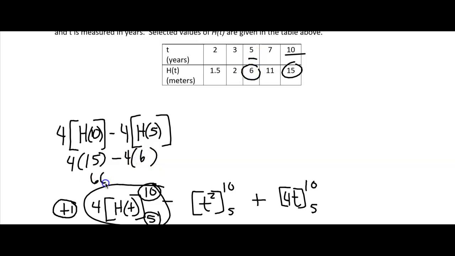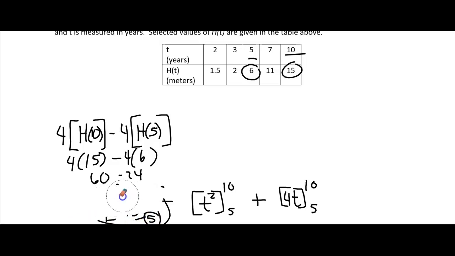And so this is 60 minus 24, which comes out in the end to be 36. So let's go ahead and make some space here. So now I'm going to get rid of all that, and I'm going to put that minus back. I'm going to replace everything with what my answer was. So that was 36.